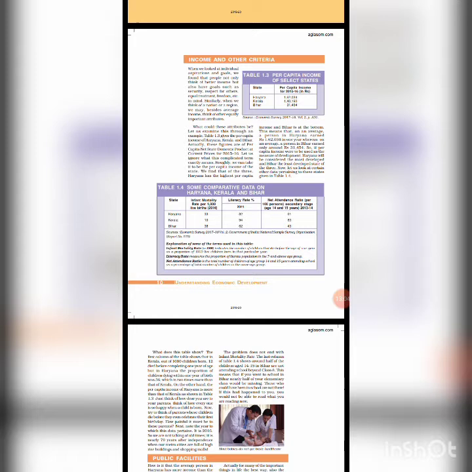Net attendance ratio is the total number of children of age group 14 and 15 years attending school as a percentage of the total number of children in the same age group.